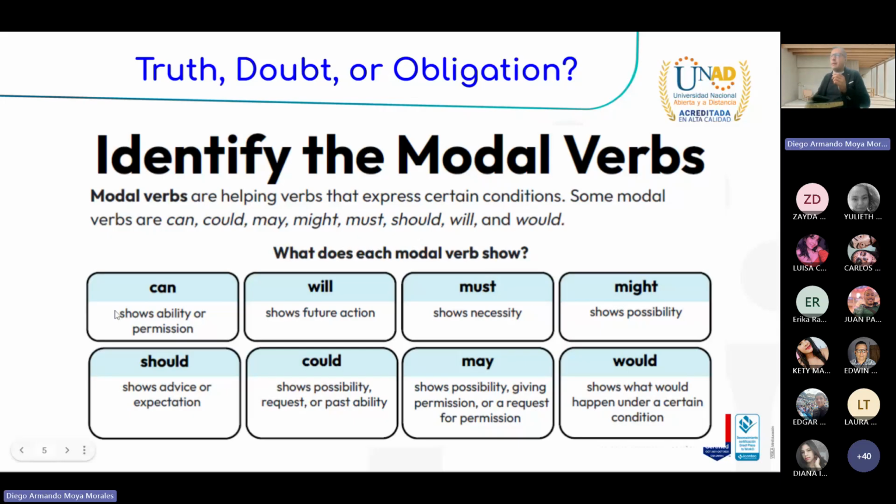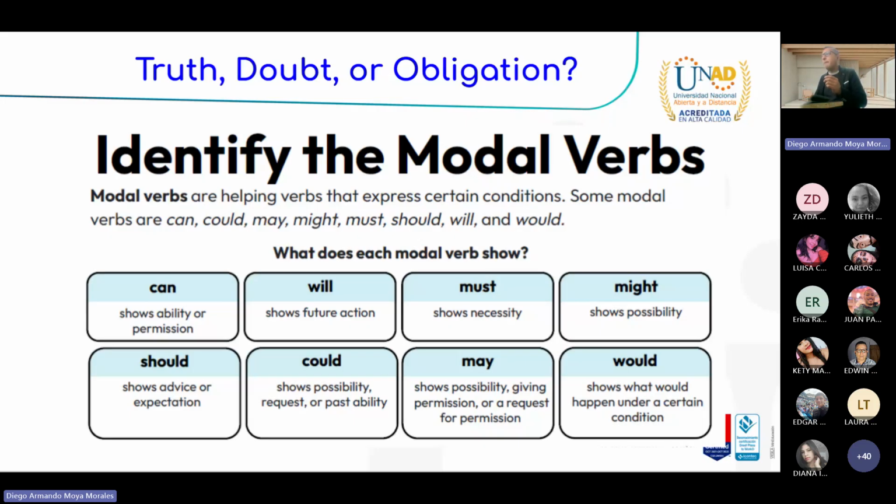Then we have should, to show advice. You should go to the doctor because you don't have a good face, or expectation also, right? We have could, which is the past of can. That is one use. And also we can use it to show possibility or request. This is a little bit more formal.